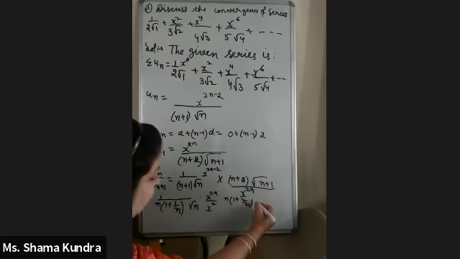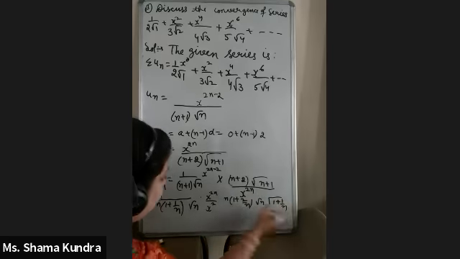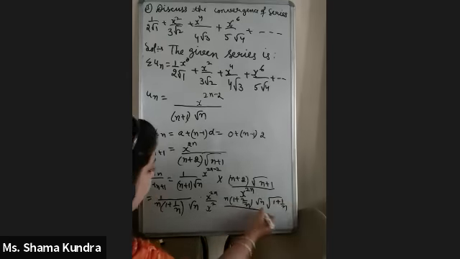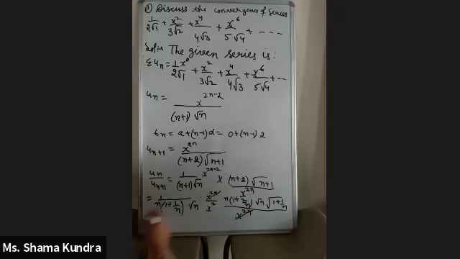Take under root n common. This will get cancelled out, n will get cancelled out, square root n will get cancelled out.